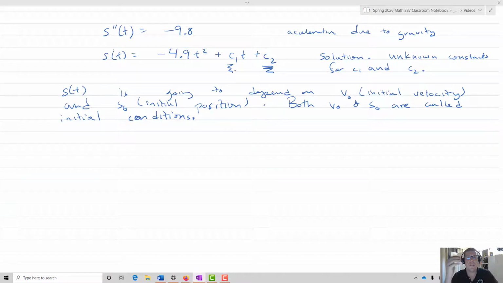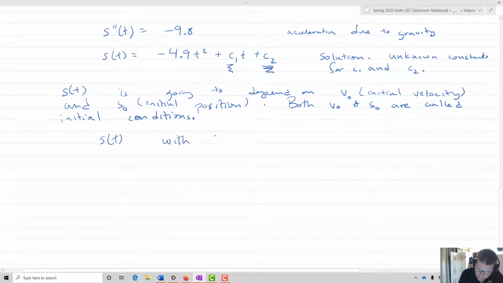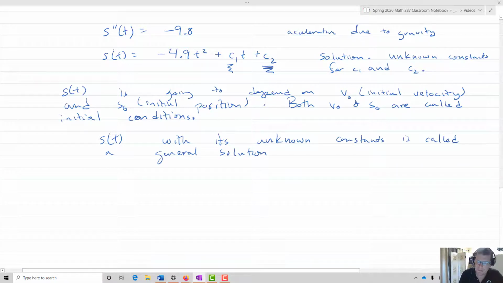These initial conditions transform what we call the general solution, which we'll define in just a moment, into what we call a particular solution, one that's dependent upon initial conditions. So s of t, with its unknown constants, is called a general solution. Any solution to a differential equation that has unknown constants, because we have not included the initial conditions, is called a general solution.